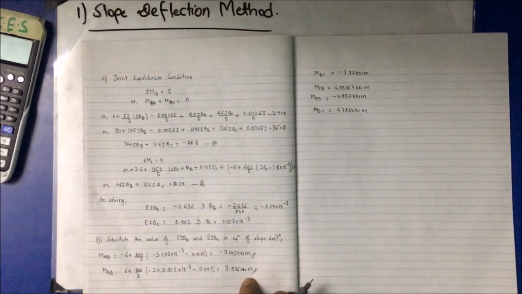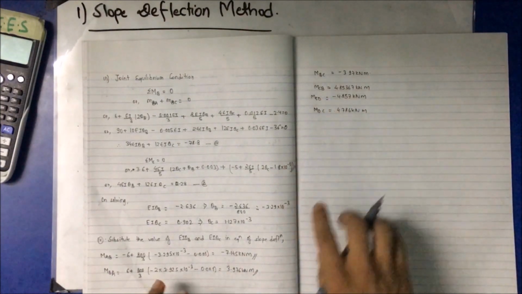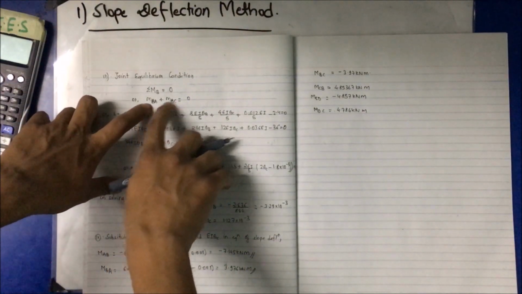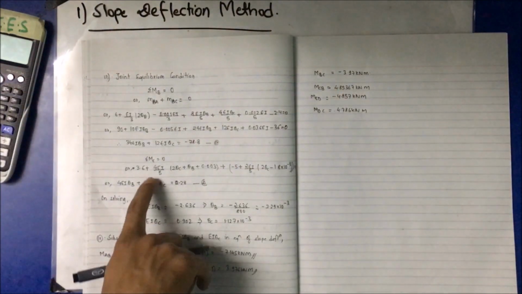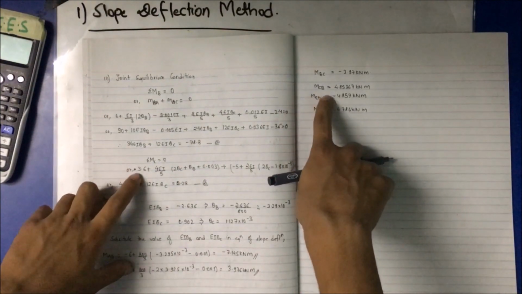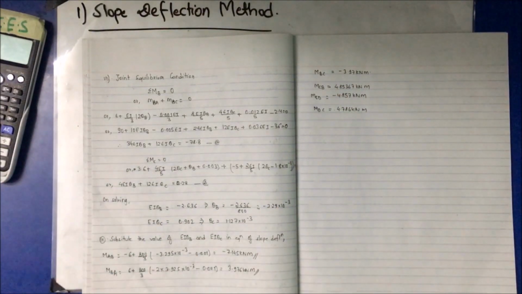And you can see MBA and MBC are the same with the opposite sign. That implies the condition to be true, that MBA plus MBC is equal to 0. Similarly, MBC plus MCB plus MCD is equal to 0. So there is a change in the sign only.